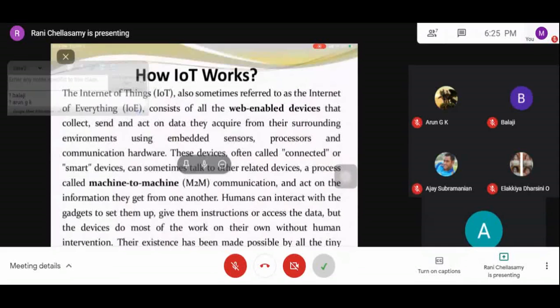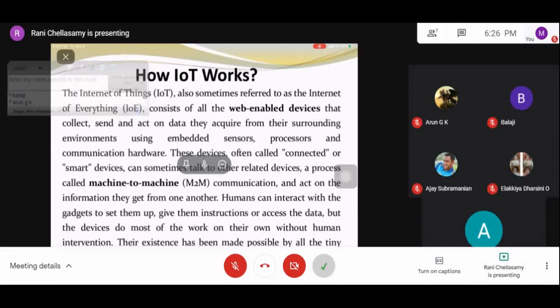They collect the data, send the data and act on the data that they acquire from the surrounding environment with the help of embedded sensors, processors, and communication hardware. These devices are often called connected or smart devices.